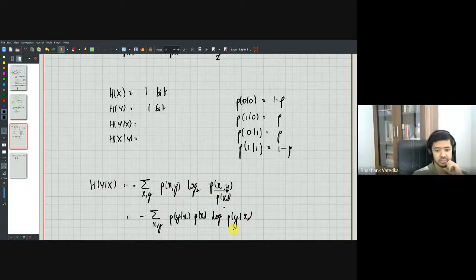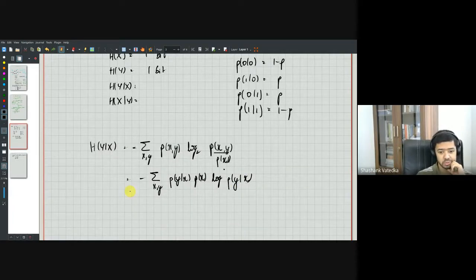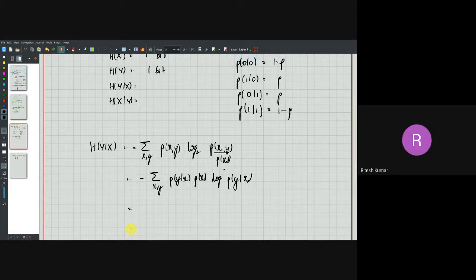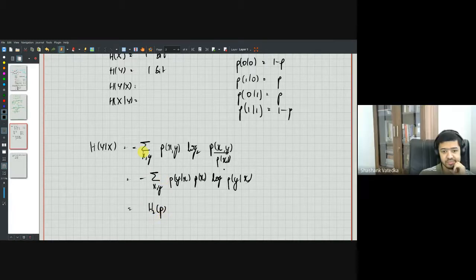Right. So what is this equal to? Okay, sir. Only means 2 times will not come. P(x) will cancel, 1 by 2. H2(p). Yes.